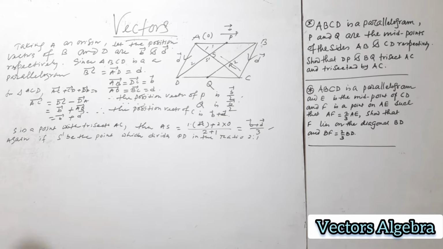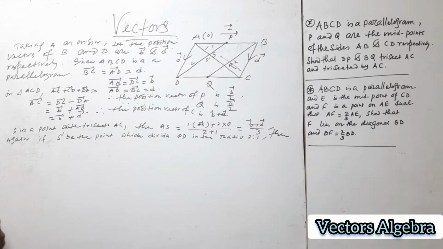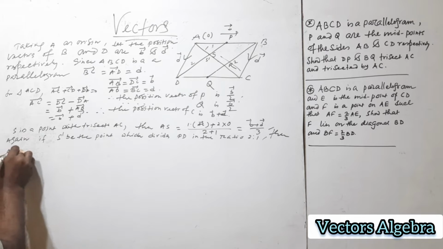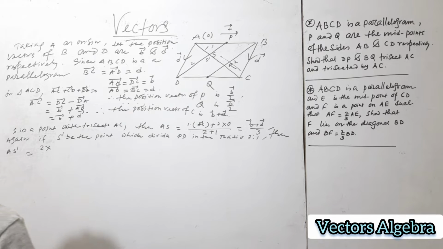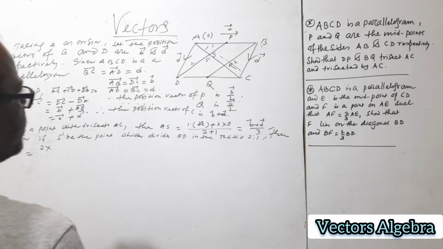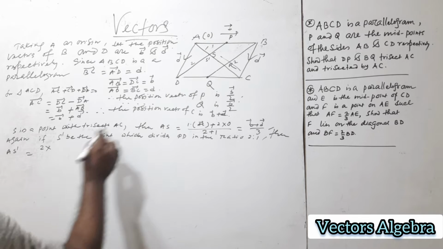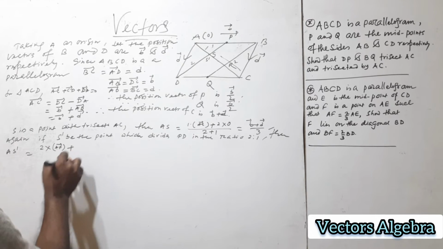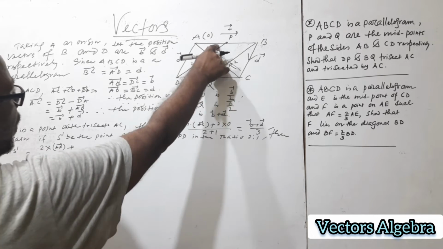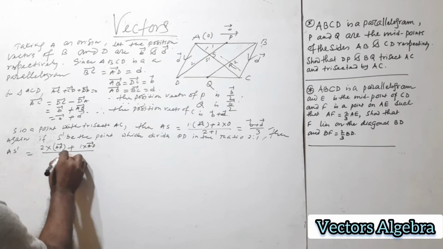Then AS dash is equal to 2 times AP, the position vector of P, plus 1 times AD, divided by 2 plus 1.